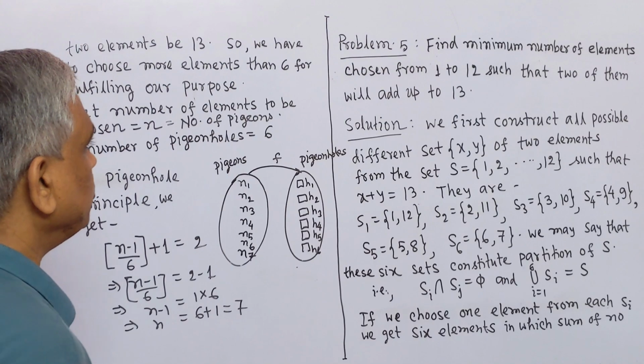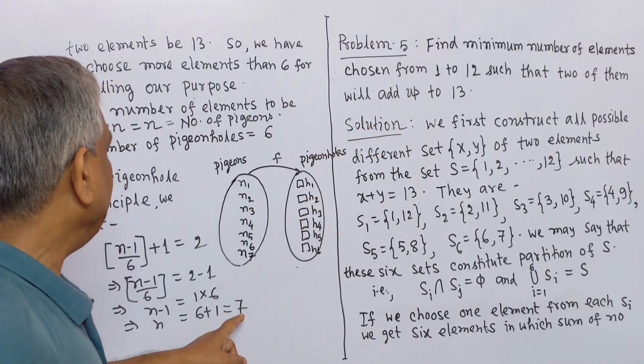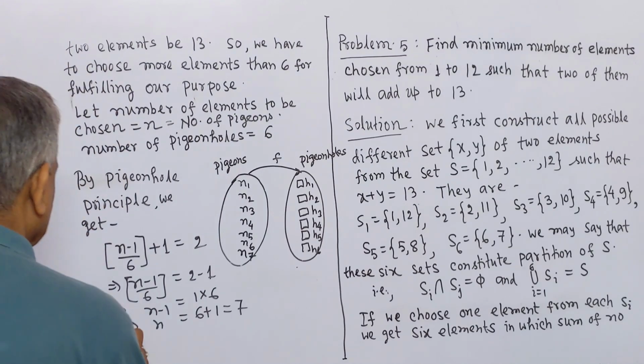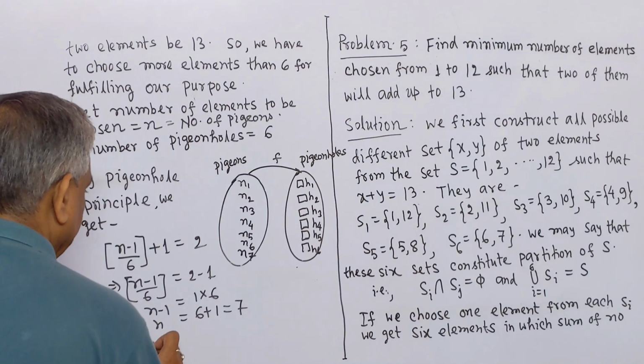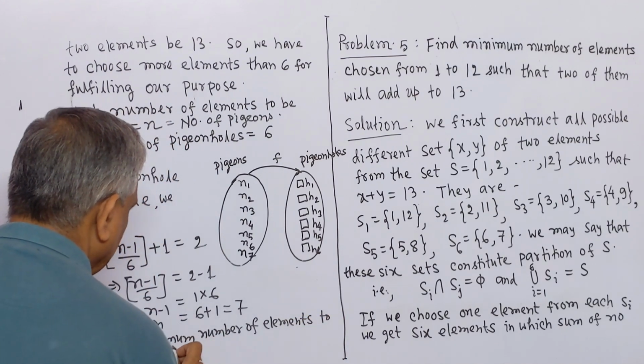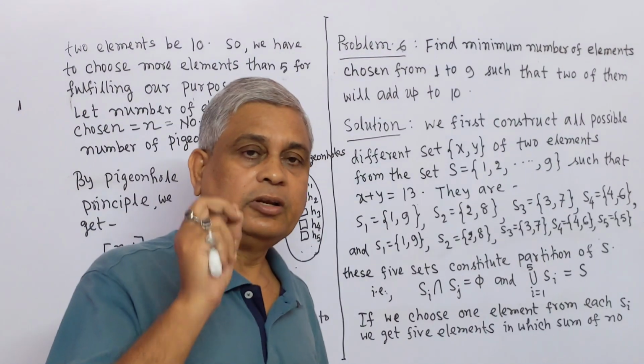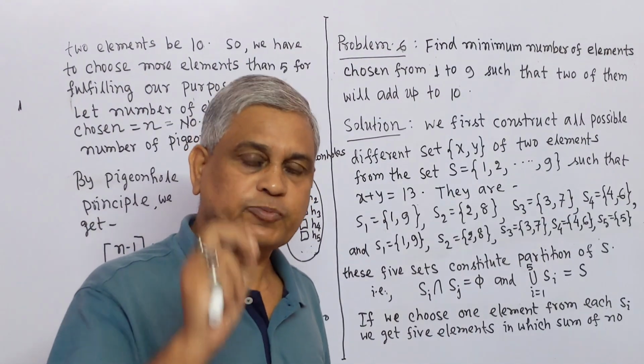So we will have to choose minimum number of elements 7. Therefore minimum number of elements to be chosen equal to 7. Now we solve the next problem.